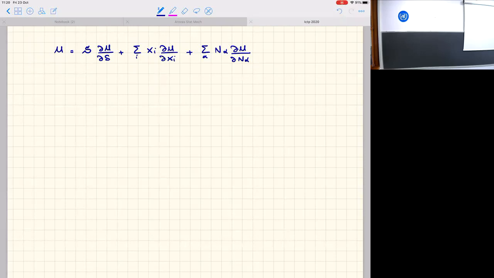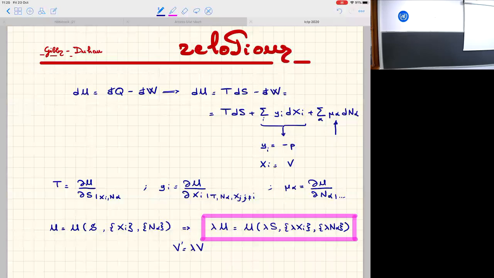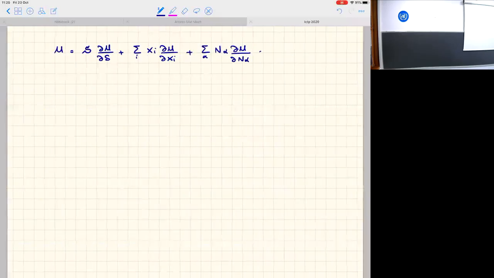All right, so now let's go back. dU/dS is T, dU/dx_i is y_i, dU/dn_alpha is mu_alpha, right? You see this? 1, 2, and 3. Therefore, if I use these three results, 1, 2, and 3, what do I get?